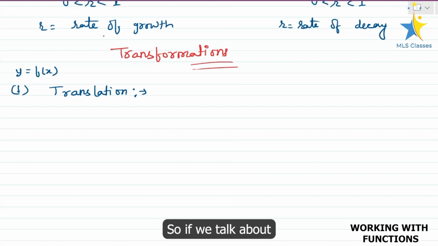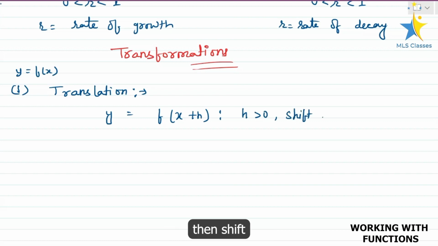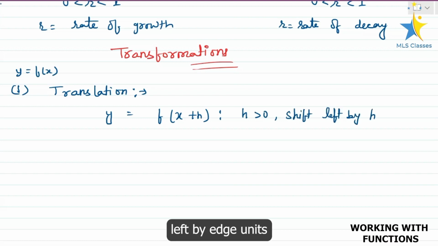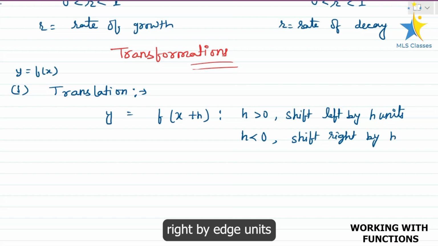If we talk about horizontal translation, then we can say y is equal to f of (x plus h). Now here two conditions are there. If h is greater than 0, then shift left by h units. If h is less than 0, then shift right by |h| units.